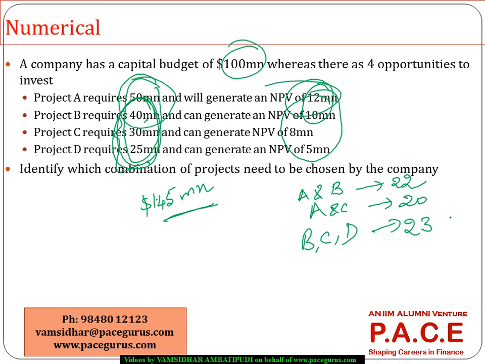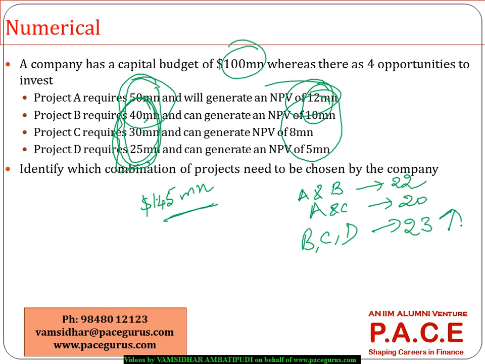So, out of the various options that are available with the company, it should prefer the combination of B, C, D, because this is the combination that is generating the highest NPV. So, the remaining 5 million capital can be used for slightly different purposes, or probably waiting for one more project, because the existing ones is giving me a higher NPV of 23 million.